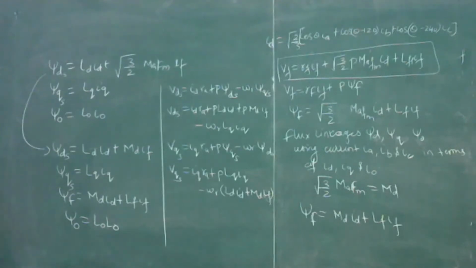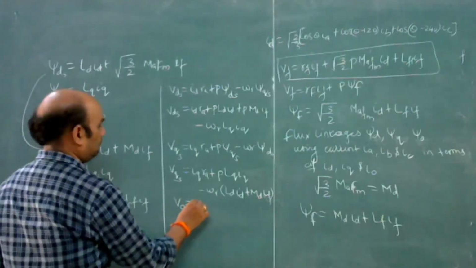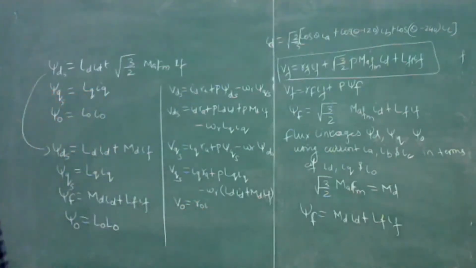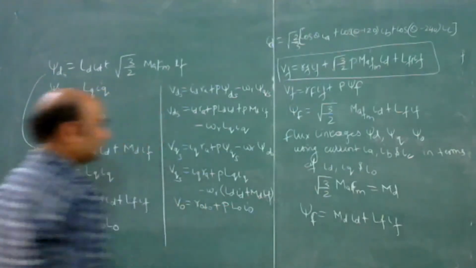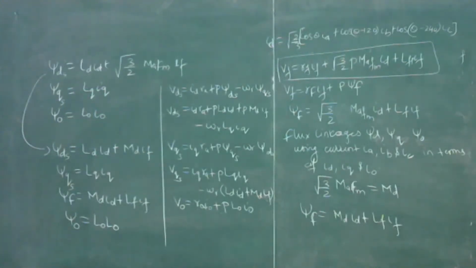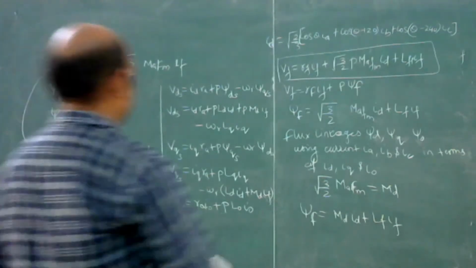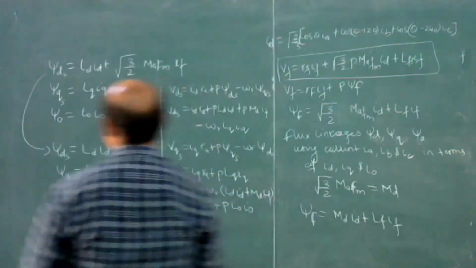And V naught is equal to R naught I naught plus P times L naught I naught. This is LD.